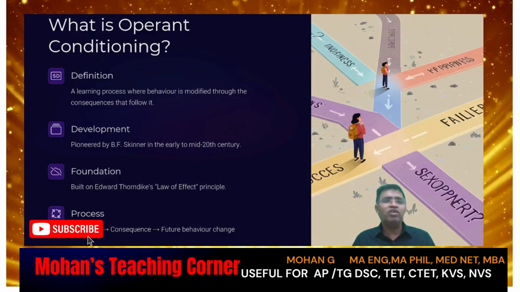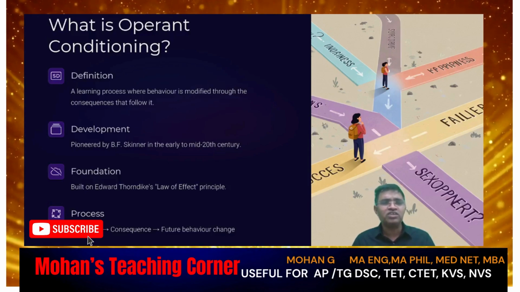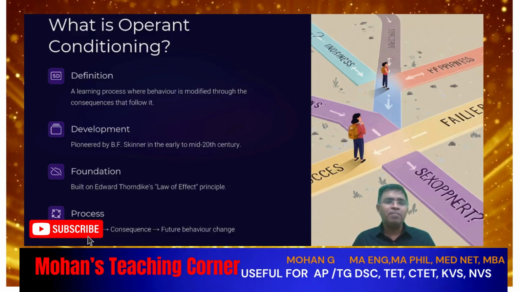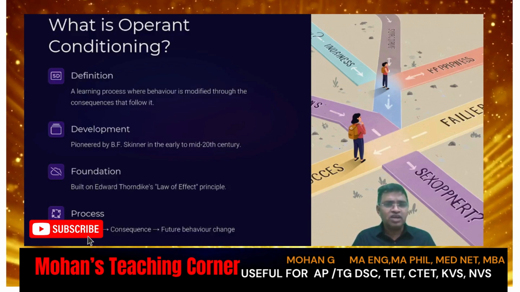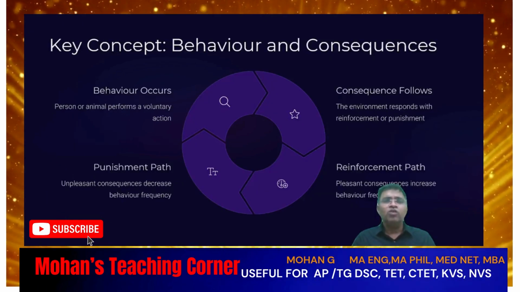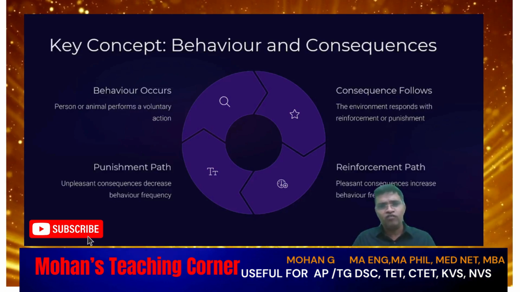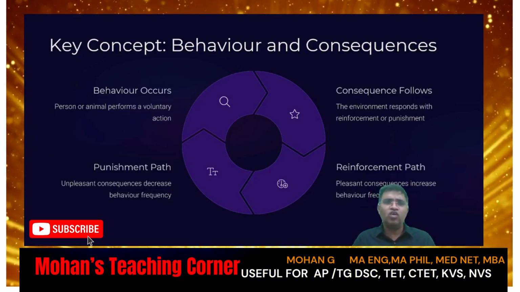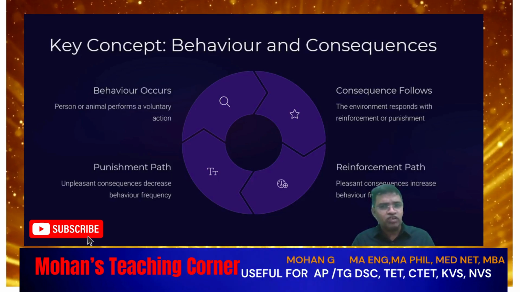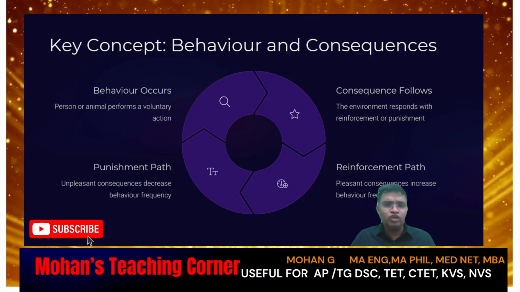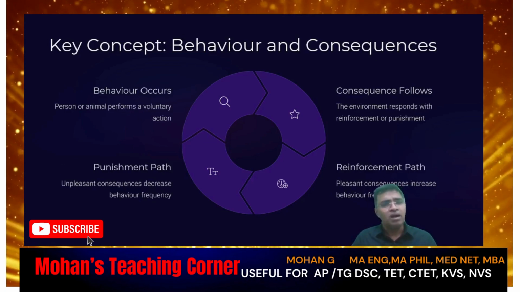The foundation is built on Thorndike's law of effect, and the process is behavior, consequences, and future change. What are the key components? Behavior occurs, then a consequence follows, then the reinforcement path and the punishment path.